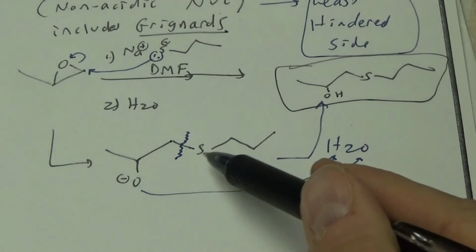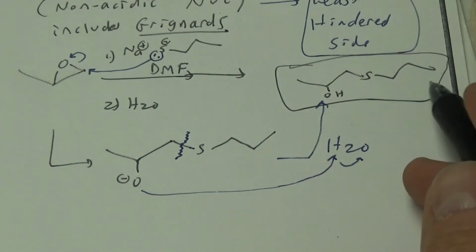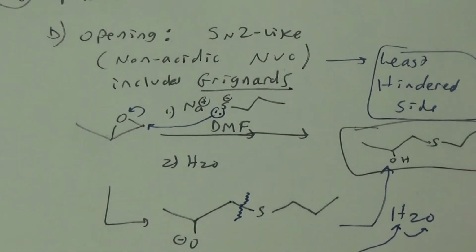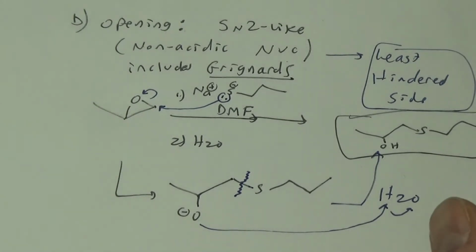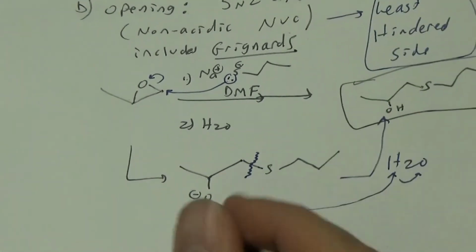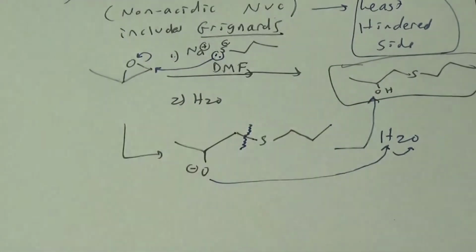I like this zigzag a little better. But yeah, that's the product. It's an SN2-like opening of the epoxide. Okay, let's do another one, just using the old SN2 style.